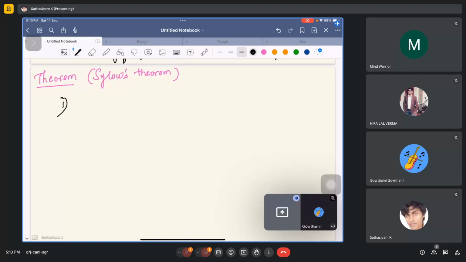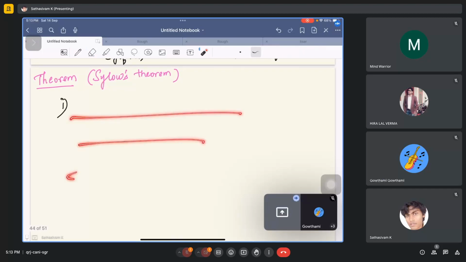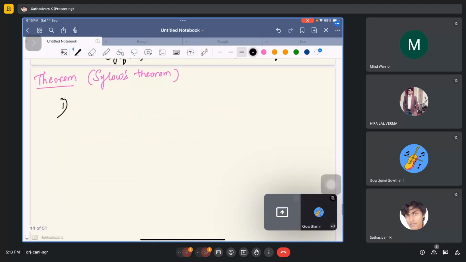Okay, so the first theorem. I'm going to write the Sylow theorems in three points here: 1, 2, 3. This is the first theorem, this is the second theorem, this is the third theorem. The first theorem says that a Sylow p-subgroup exists.